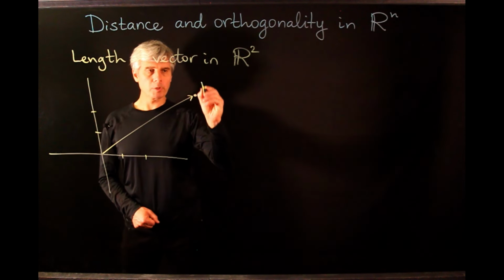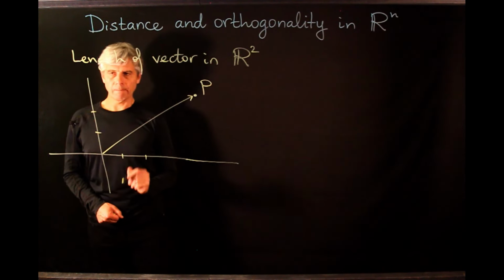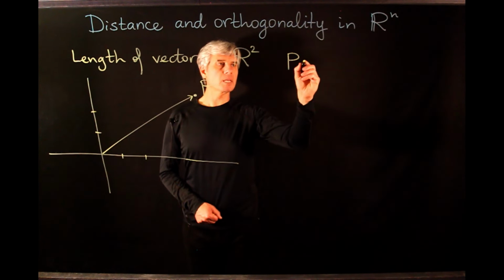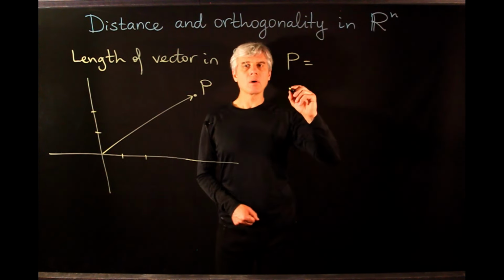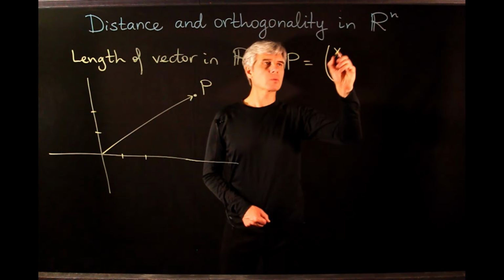So here we have a point P, and what does it mean that the coordinates of a point P are x, y?